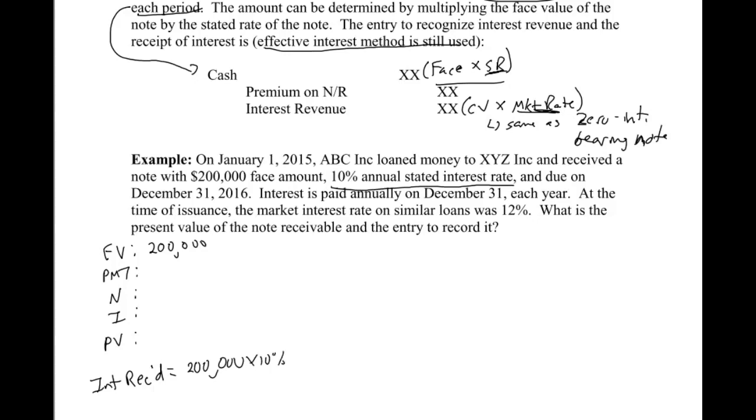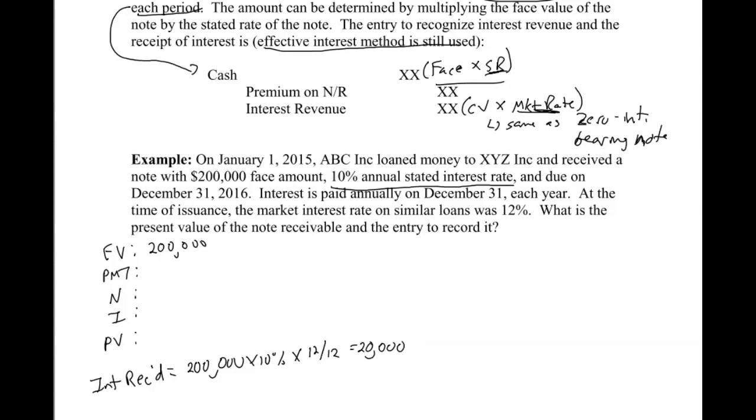Technically, interest is principal times rate times time, but since it's an entire year, we're basically multiplying it times 12/12, which is 1. The interest rates are based on a year, and the interest is payable once a year, at the end of the year, so all 12 months are included. That works out to be $20,000. That's what we're going to receive in interest.